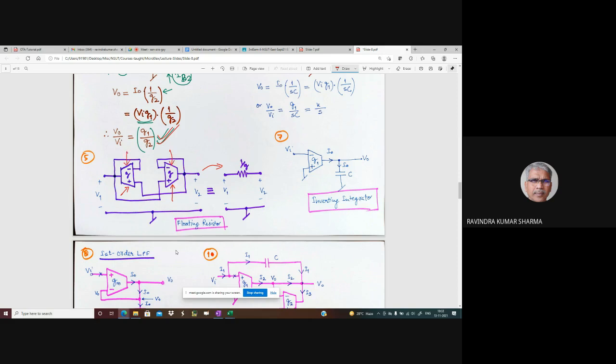इसमें इंपॉर्टेंट ये है कि दोनों OTA मैच्ड हैं. मैच्ड मीन्स दोनों का जो ट्रांस कंडक्टेंस है वो सेम है, दोनों से सेम बायस करंट डाली जा रही है to ensure that transconductance remains same. So here you are causing IB current and you are also forcing here IB current. So if IB current is matched, then transconductance will be matched. And if both transconductances are matched, and if the two OTAs are connected as shown in this figure, that will realize a floating resistor 1 by G. You can work out and find that it is actually 1 by G. Now look at the sixth circuit.